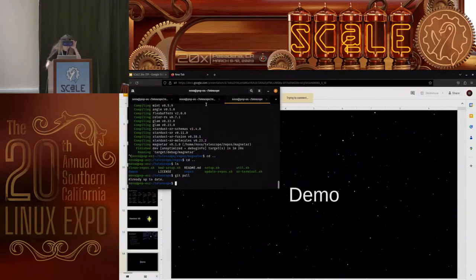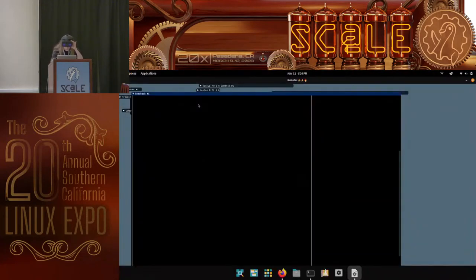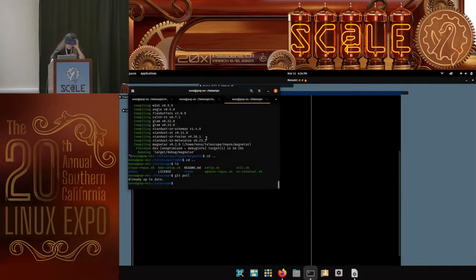What time is it anyway? Oh, this is a Rift S from Oculus. However, the drivers are 100% open source, thanks to, I believe, Jan from the Monado community.